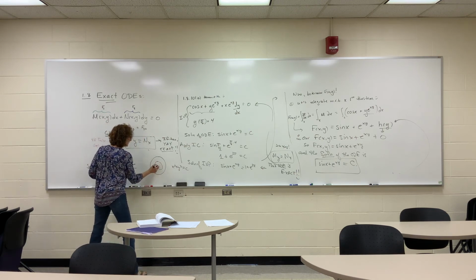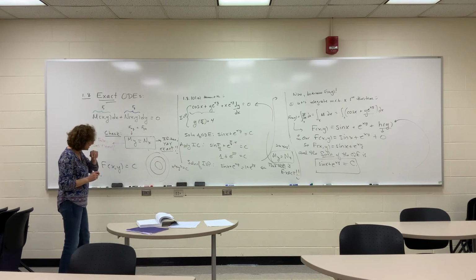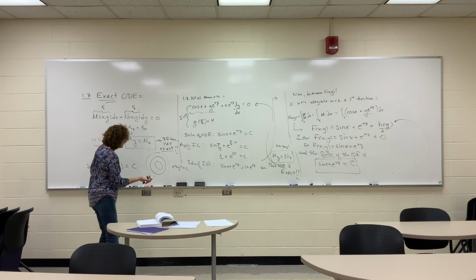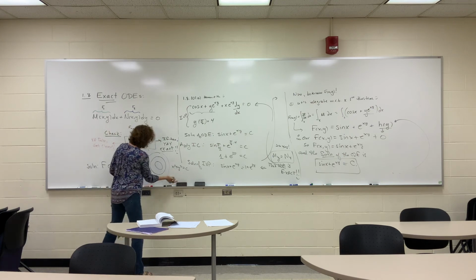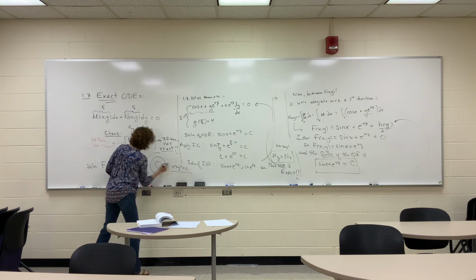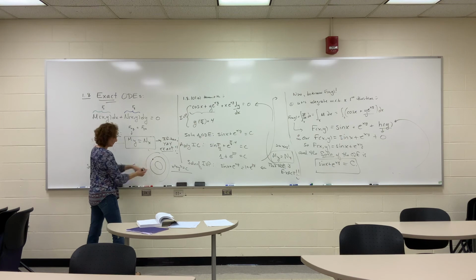These are all circles. If we leave things in implicit form, suppose we want the solution that goes through that point, then we would have the whole circle.